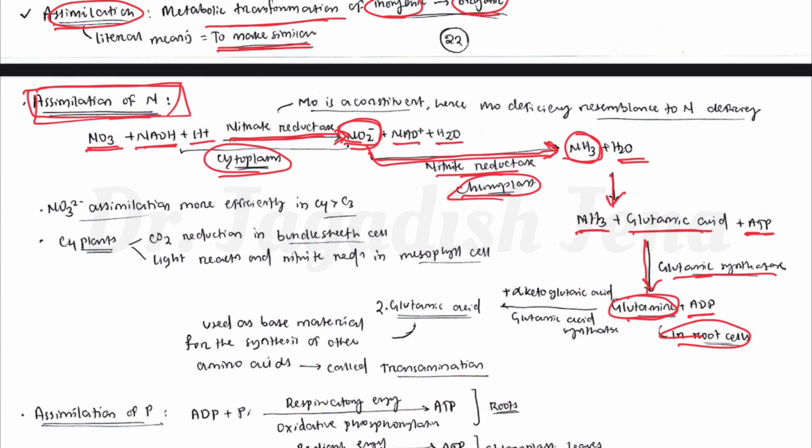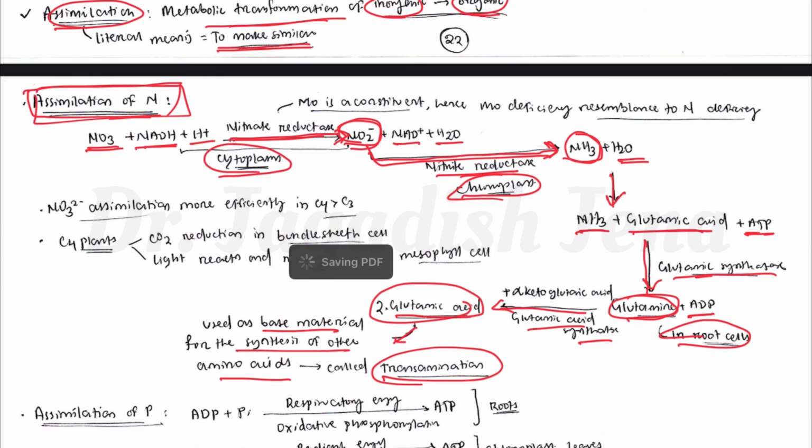Then glutamine in the presence of alpha ketoglutarate, glutamic acid synthesis happens. So it forms 2 glutamic acid, which takes part as a base material for synthesis of other amino acids, and it is called the transamination process. Through the transamination process, from glutamic acid it forms different amino acids in the plant. And you know, amino acids are the building blocks of protein, and protein is helpful for structural stability in the plant.